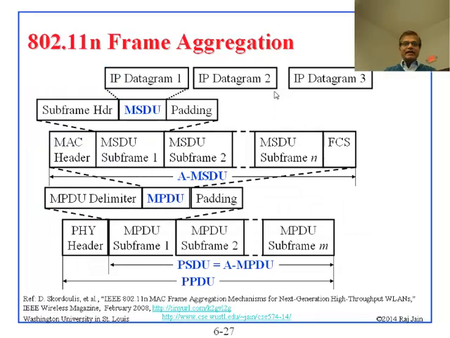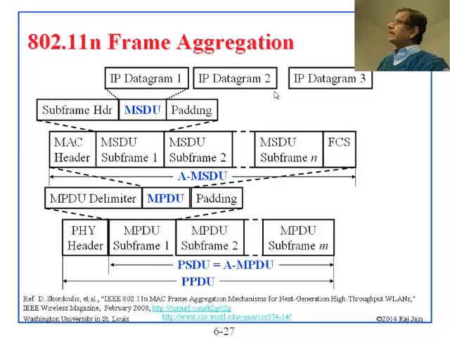So in 11N, there is a special bit pattern that you have to put when you aggregate and do things like that. So this is your IP packet. If you are going to put that inside a frame, you have to put some kind of delimiter at the beginning, at the end, to make it a subframe, and then you put it inside a PDU.